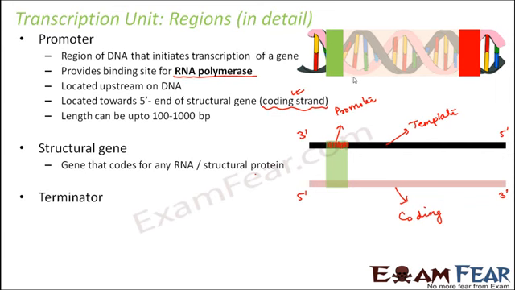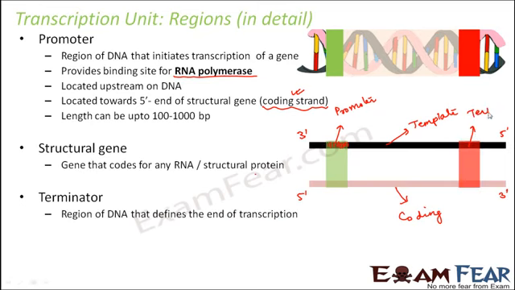The third one is the terminator, and this region defines the end of transcription. When the RNA polymerase comes, it binds to the promoter and passes through the structural gene, creating a copy of RNA. When it reaches the terminator, it gets a signal that this is the end of transcription, so the process of transcription stops.